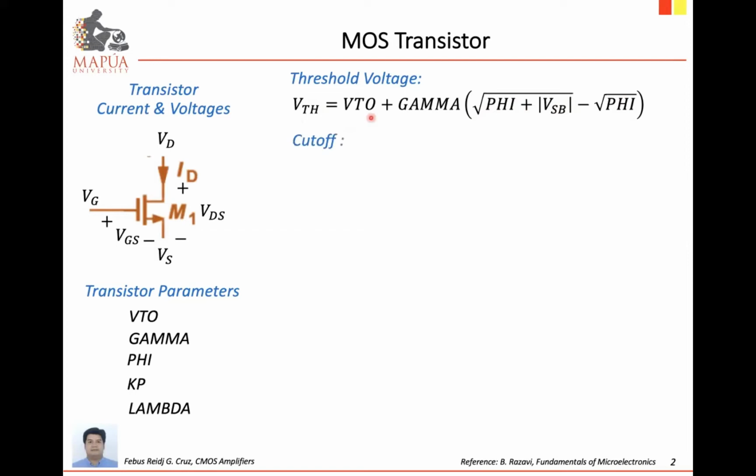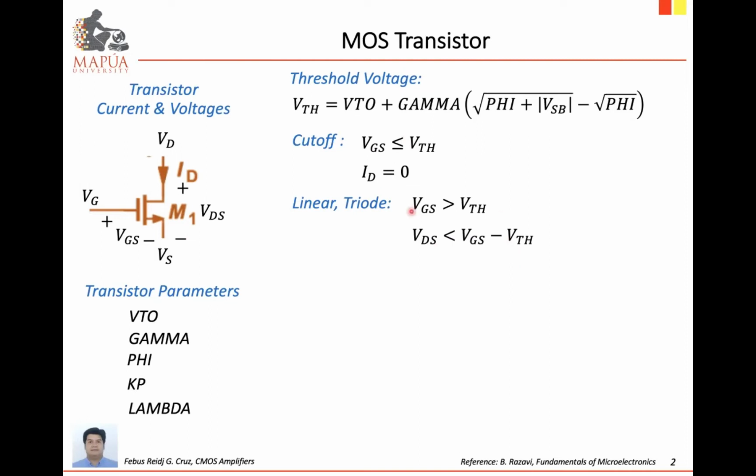Now for the cutoff condition, this happens when the gate-source voltage is less than or equal to the threshold voltage. In this case, the drain current will be set to 0. Then under the linear or triode operation, the gate-source voltage is greater than the threshold voltage, and the drain-source voltage is less than the saturation voltage, which is VGS minus VTH.